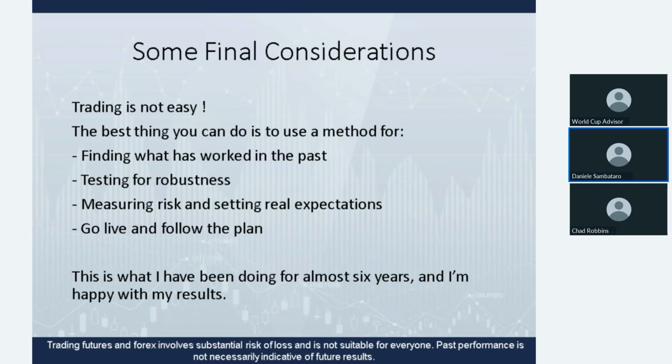Or, for example, I require that if I perform the portfolio calculation on the second week of the month instead of the first week, the backtest results are similar. So after testing for robustness, you need to measure risk and set real expectations.